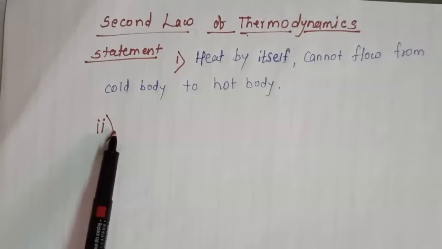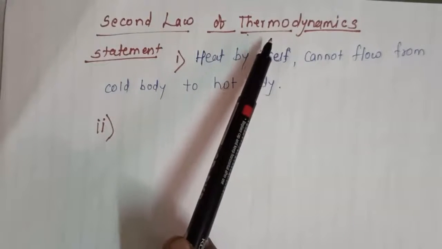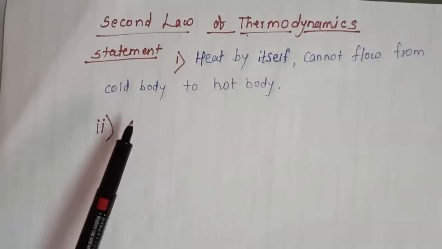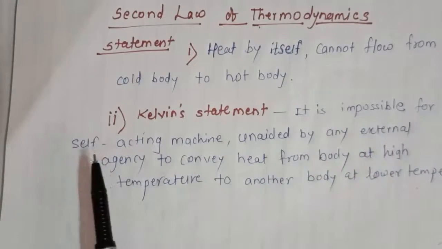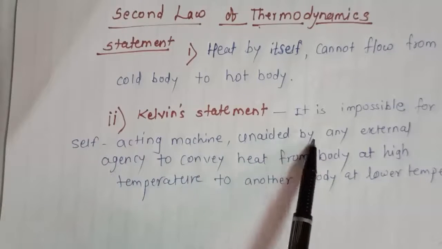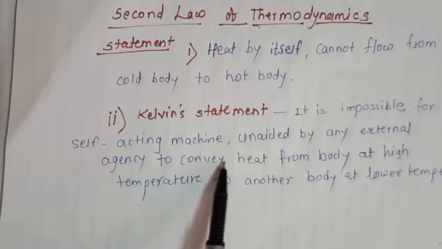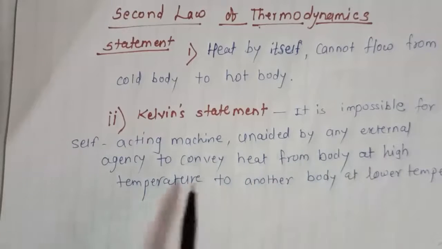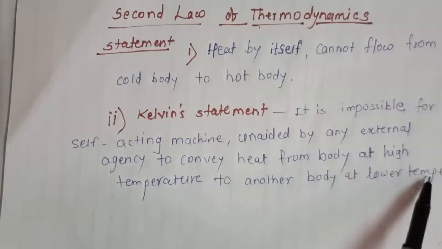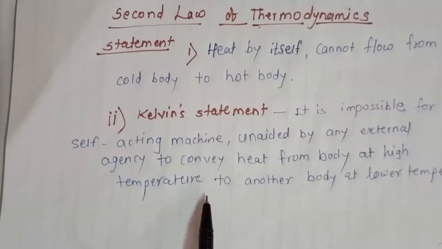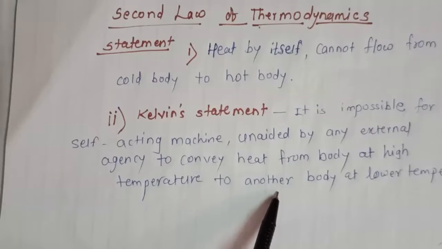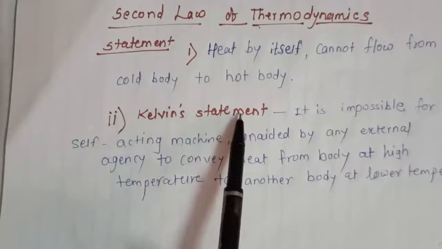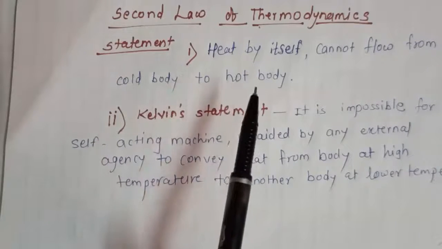Second statement for second law of thermodynamics, that is Kelvin statement: it is impossible for a self-acting machine unaided by any external agency to convey heat from a body at lower temperature to another body at higher temperature. It means that heat always flows from body at higher temperature to the body at lower temperature. This is Kelvin statement for second law of thermodynamics.